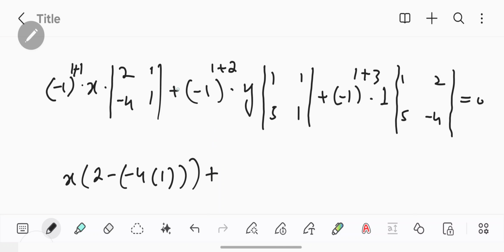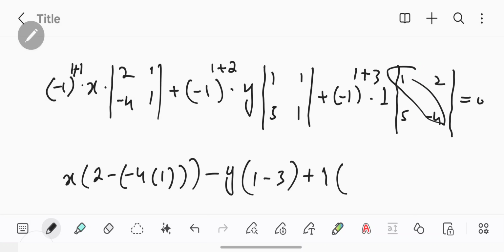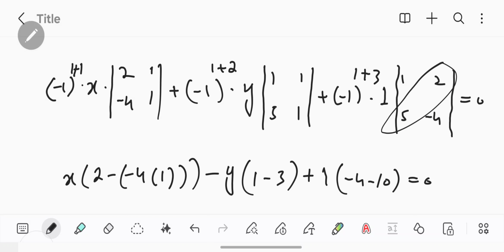Then I will write plus minus 1 to the power 3, which is odd, so I will write minus y times the product of these two, which is 1, minus the product of these two, which is 3, plus, because minus 1 to the power 4 is even, 1 times the product of these two, which is negative 4, minus the product of these two, which is 10, equals 0.